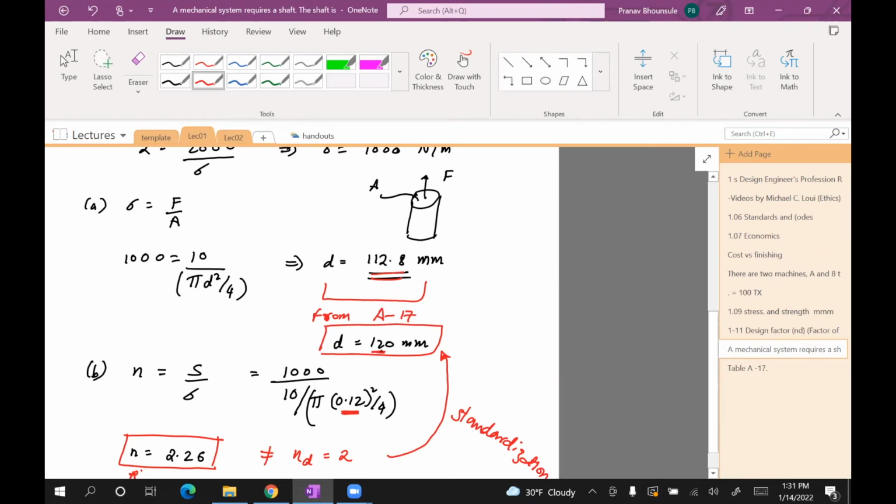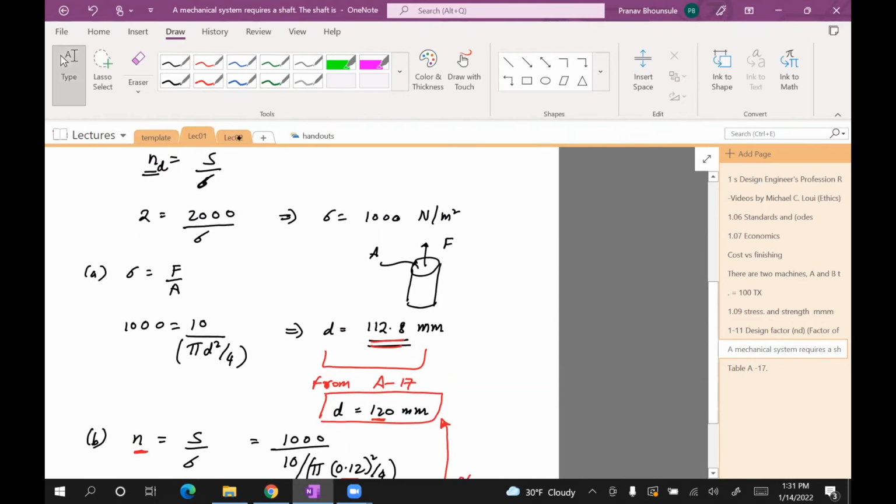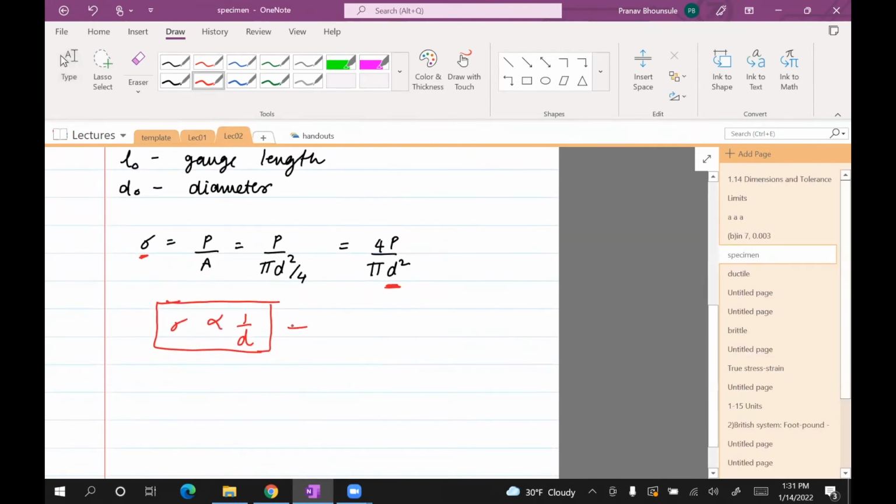We chose 120 mm because the bigger the diameter, the smaller the stress, and that's why this helps us get the factor of safety equal or greater than the design factor. Because of this fact, the factor of safety is always greater than or equal to ND. Okay, so that's an aside.